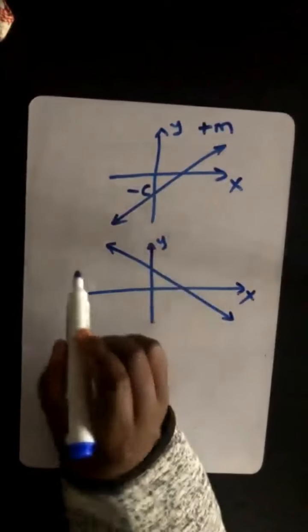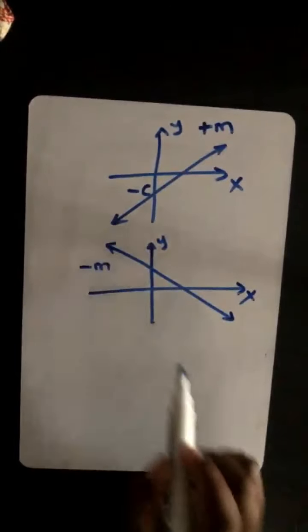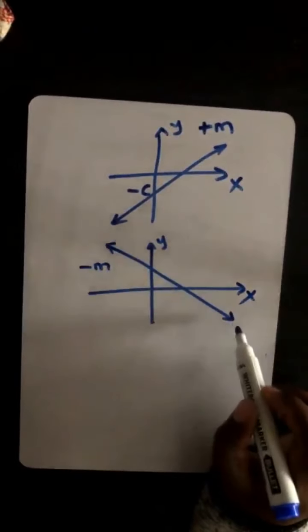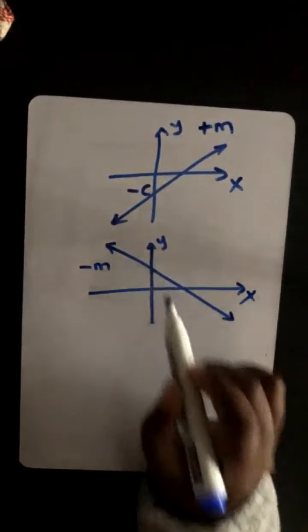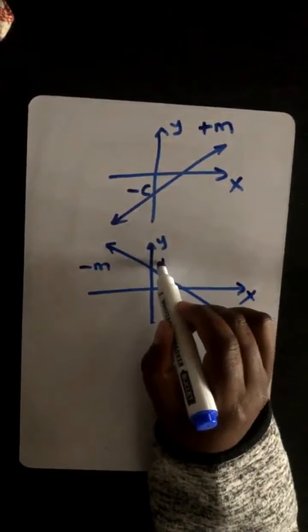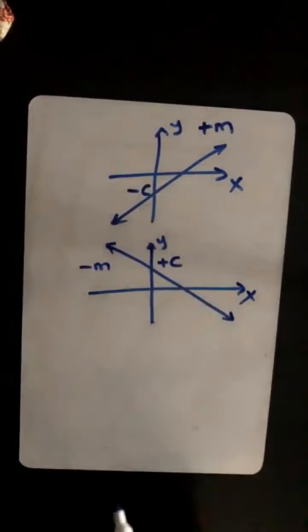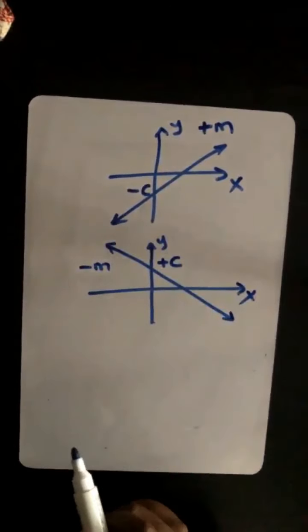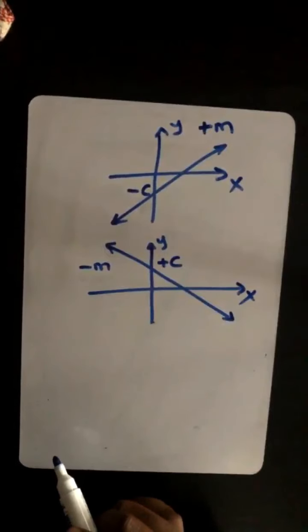We are going to have a negative gradient. And because this straight line cuts the y-axis above the origin, that means we are going to have a positive c value. Do you guys still remember this information? Yes, sir.